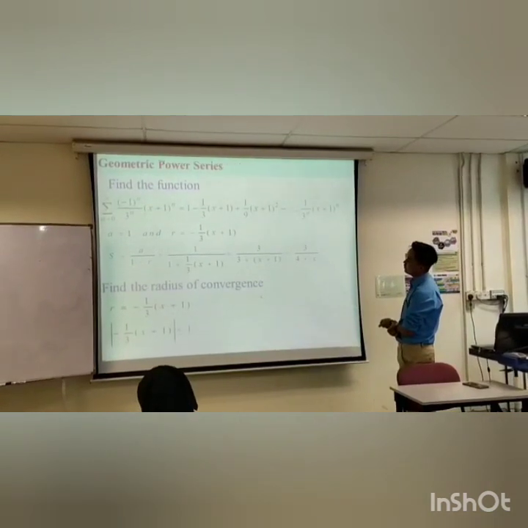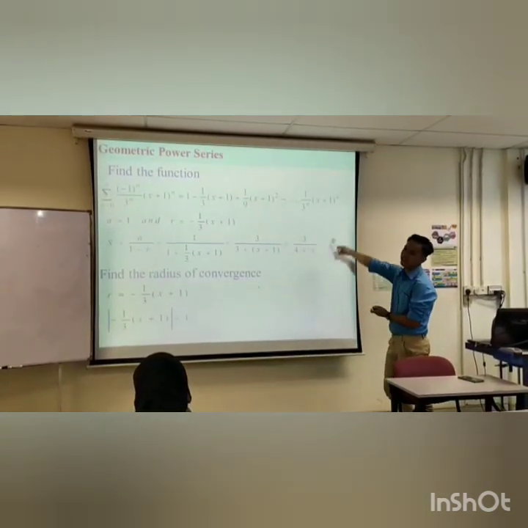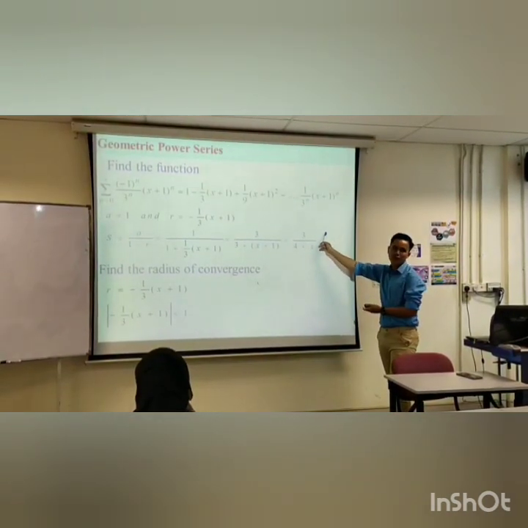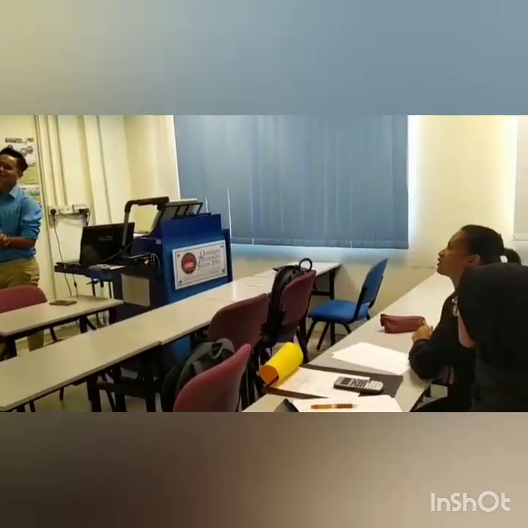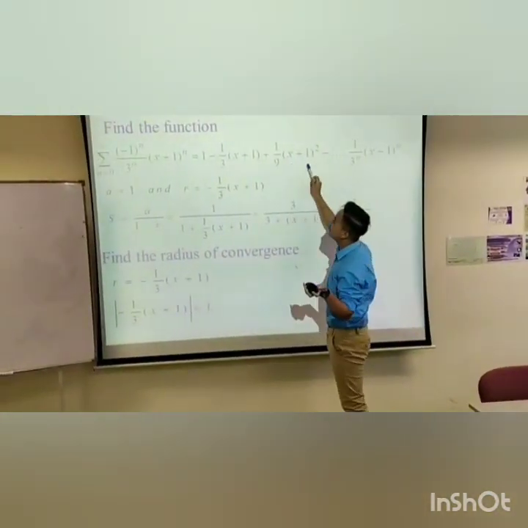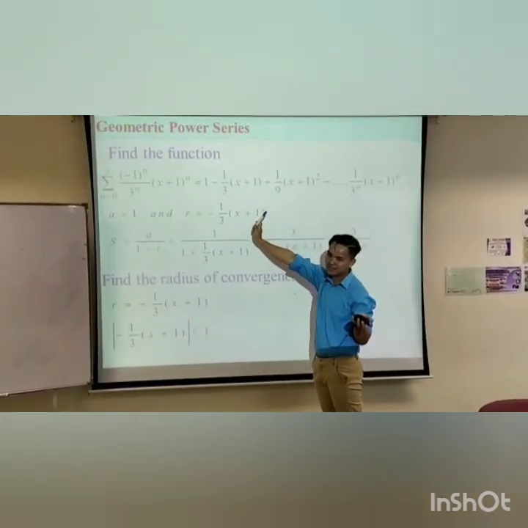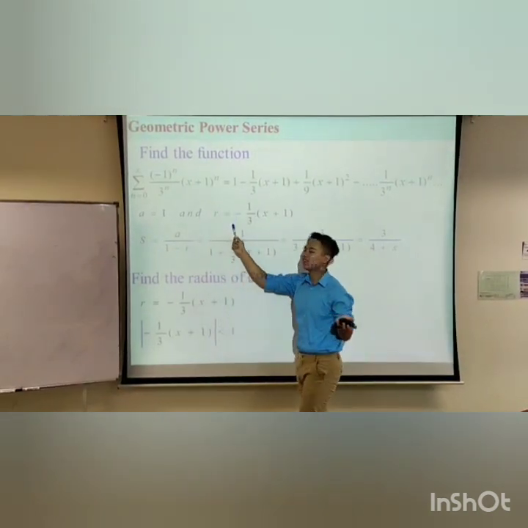Okay, so find the function. Can someone try to understand this? Fifi, can you read this out aloud? 1 over 3 to the power of n multiplied by (x plus 1) to the power of n. I mean this whole thing, but it's okay, Fifi, it's okay. So if you see this, you must first find the first term and then the common ratio.